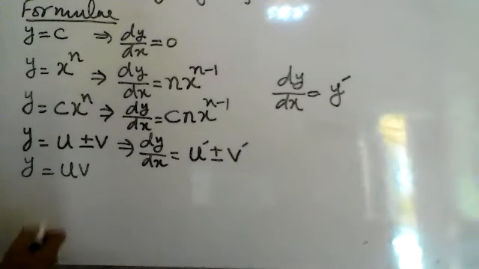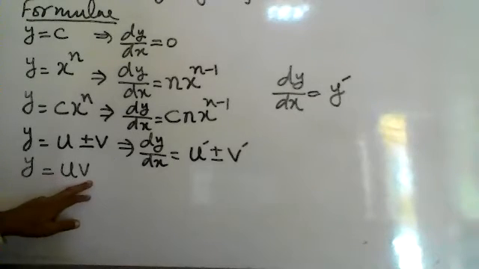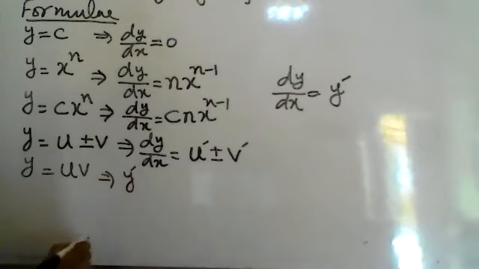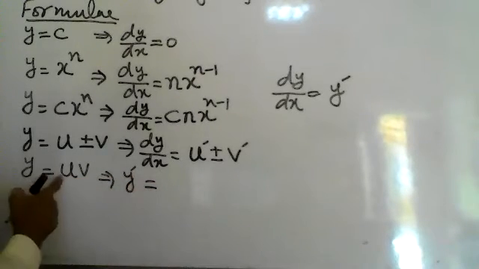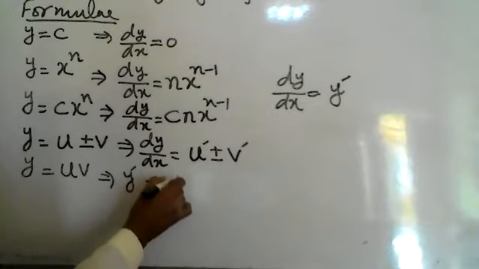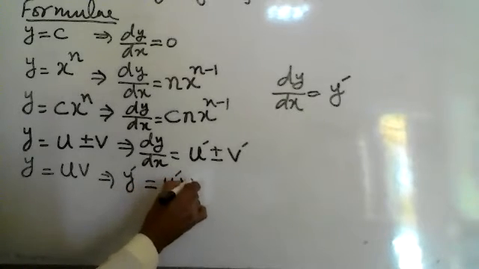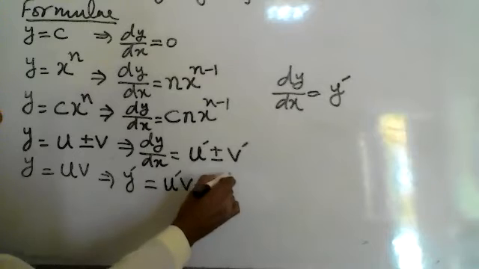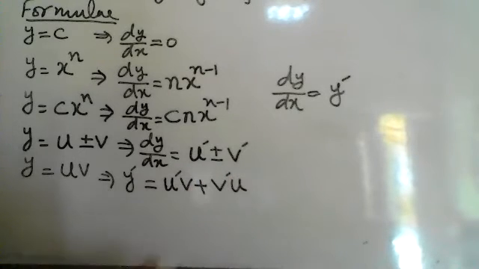Now if the two functions are being multiplied, both being functions of x, the derivative of y will be equal to the derivative of the first function into the second function plus the derivative of the second function into the first function.